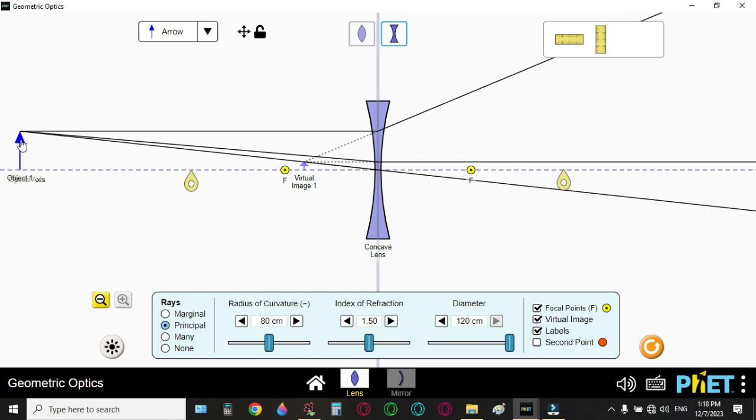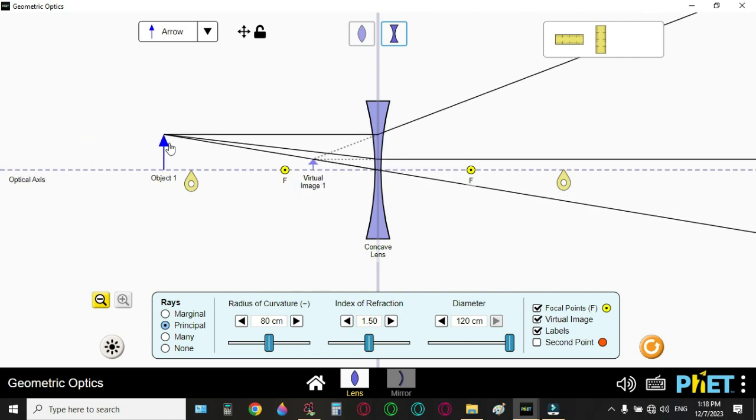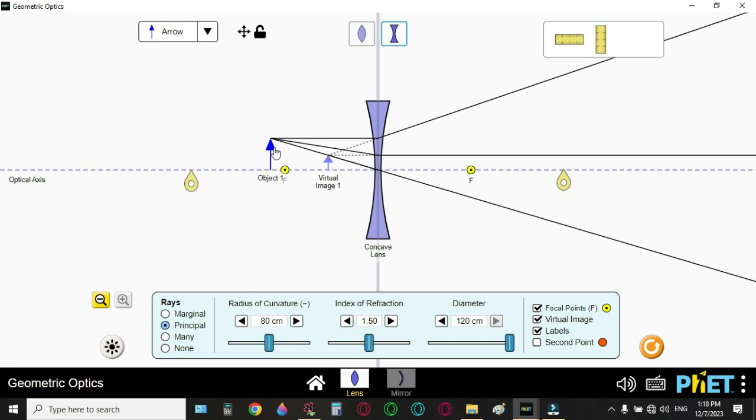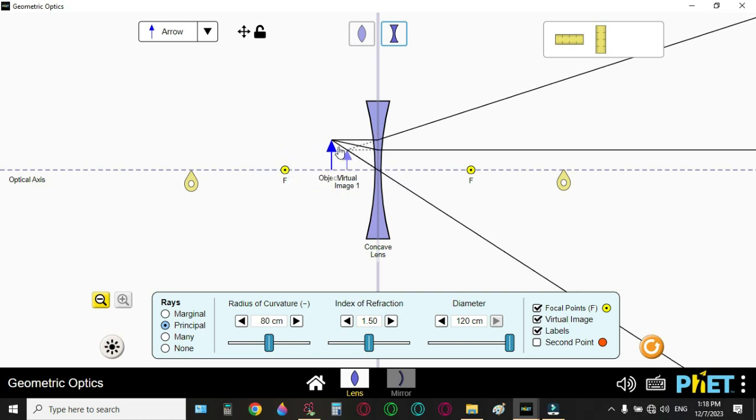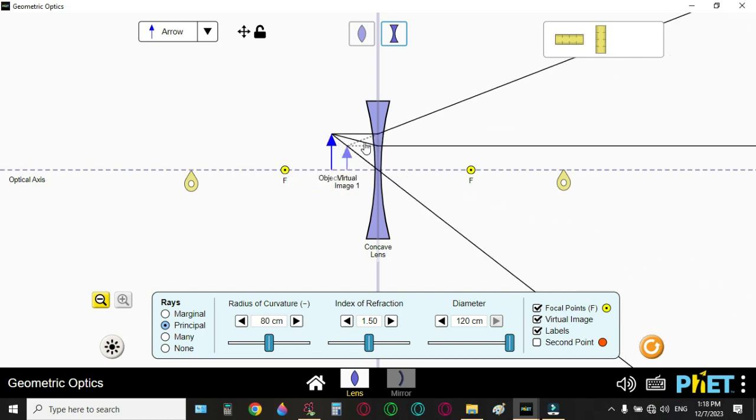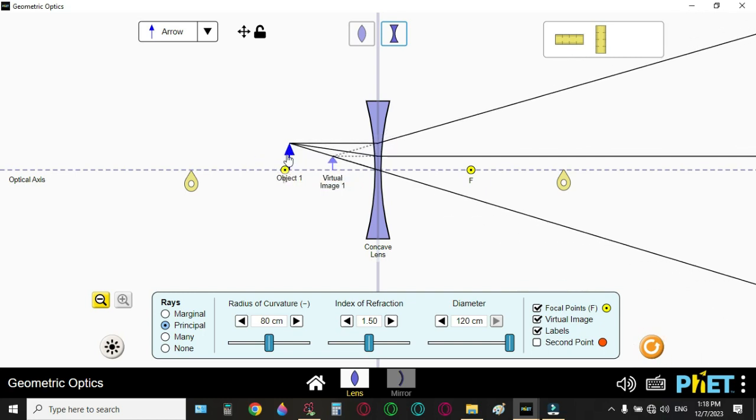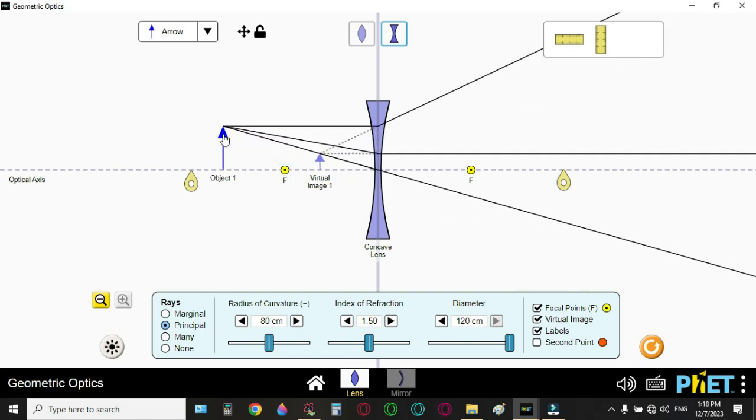If I bring the object towards the lens, the virtual image is getting larger than before, but is still smaller than the object. So if we are talking about a concave lens, the image produced is always virtual, always smaller than the object, and is always upright.